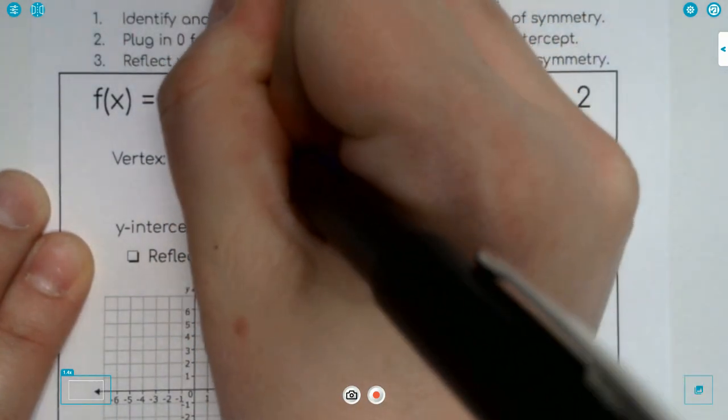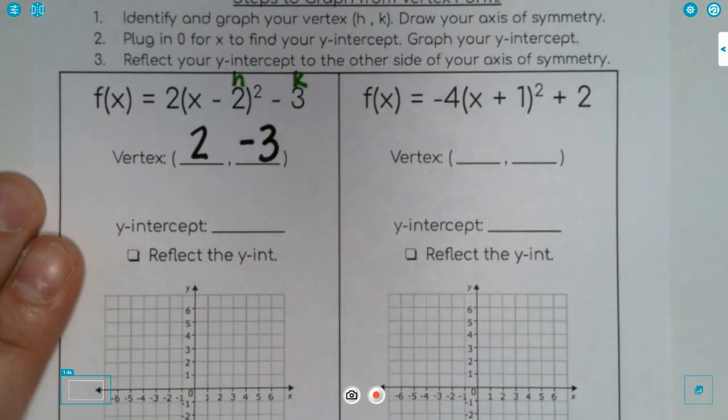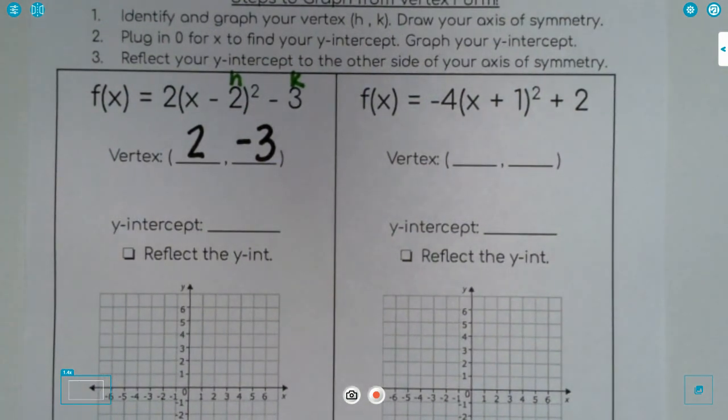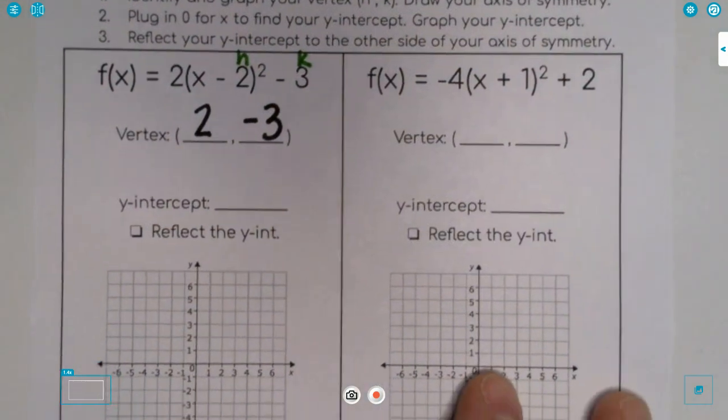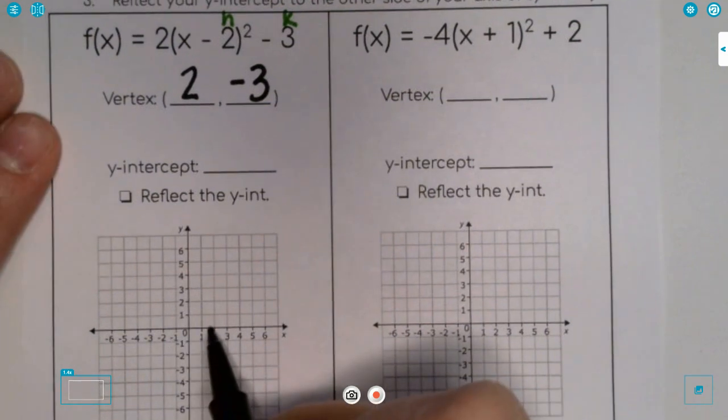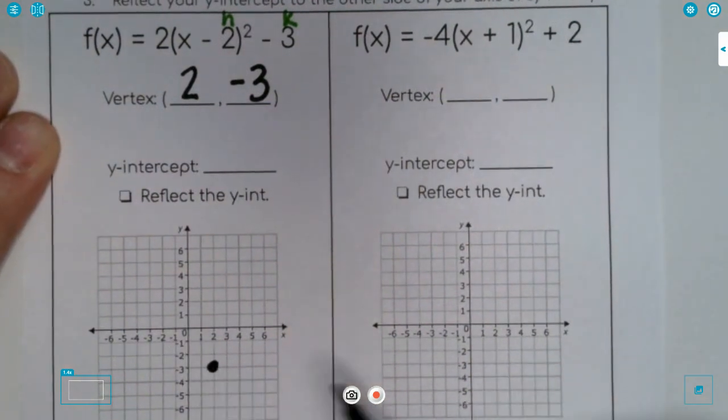That means my vertex is 2, negative 3. Okay, so graph a point on your graph at 2 over, down 3. Put a dot there. That is your vertex.